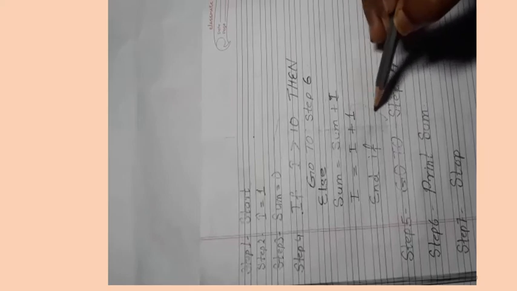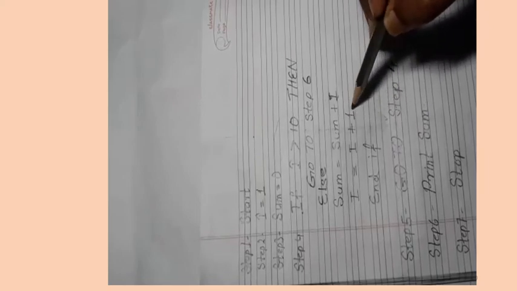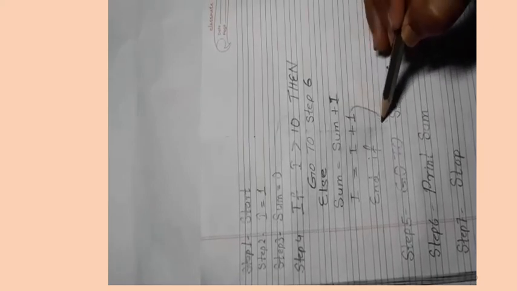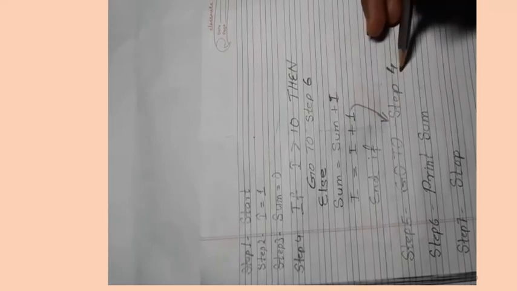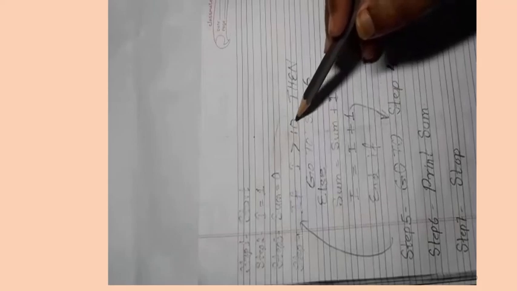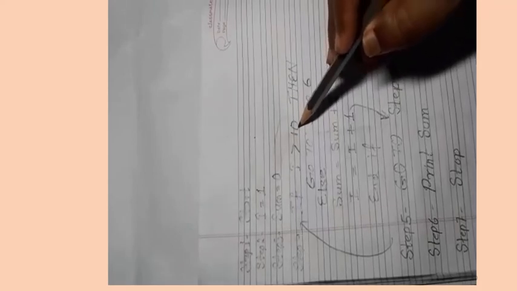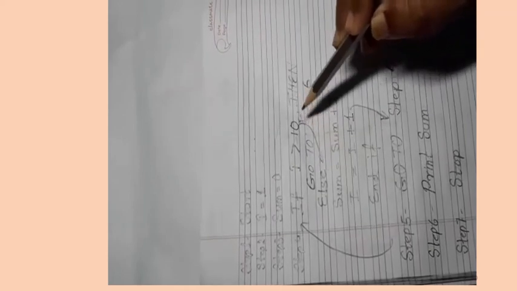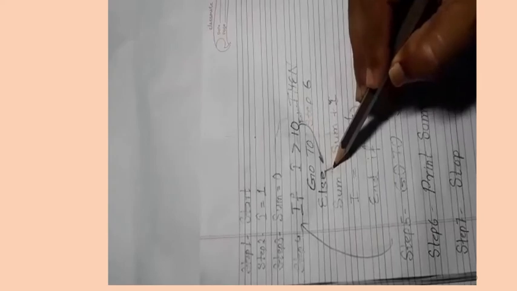I will come out of the if condition here because no more conditions are there now. I will go to step 4. Then again I will check the condition. If I is still false, meaning less than or equal to 10, then again I will go into the else, and then I will come again and execute these two statements.